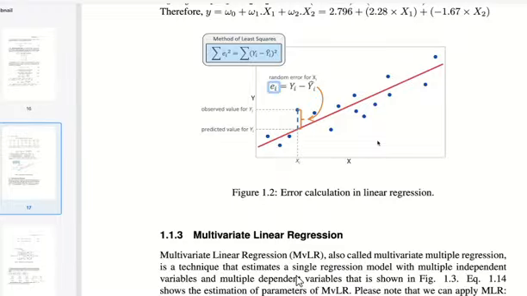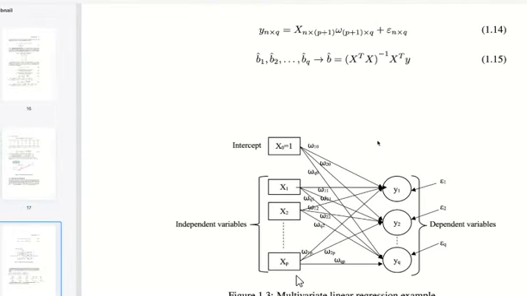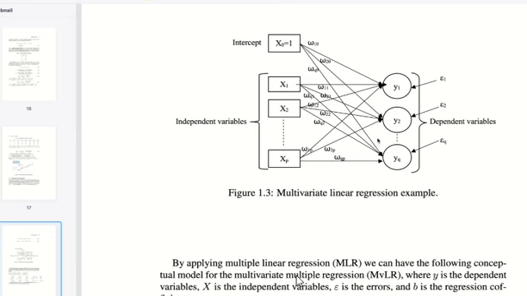After knowing multiple linear regression, we discussed multivariate linear regression. In multivariate linear regression, the situation is like this: we have multiple dependent variables. In the previous case, when we talked about multiple linear regression, we saw we had one single dependent variable but multiple independent variables. But here in multivariate linear regression, we have multiple dependent variables.